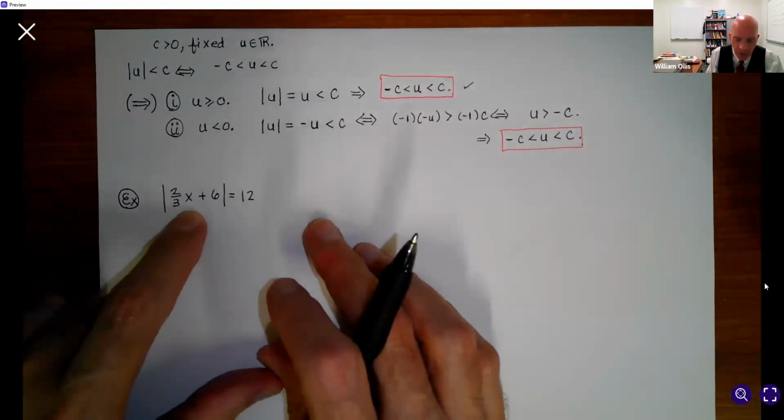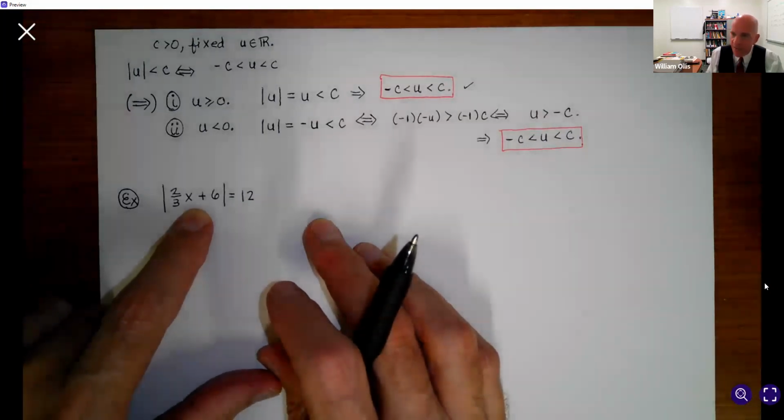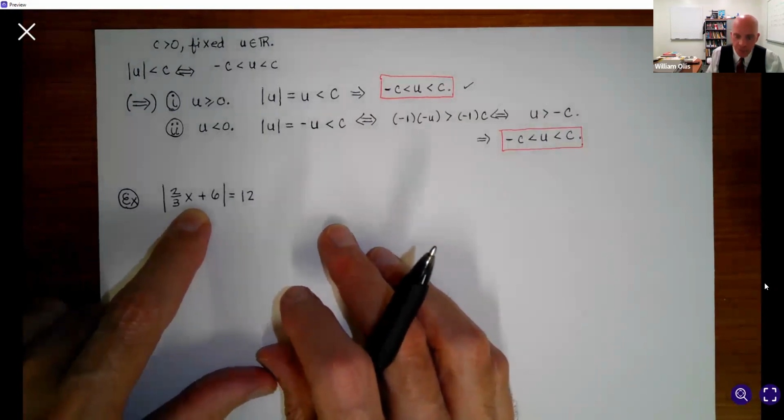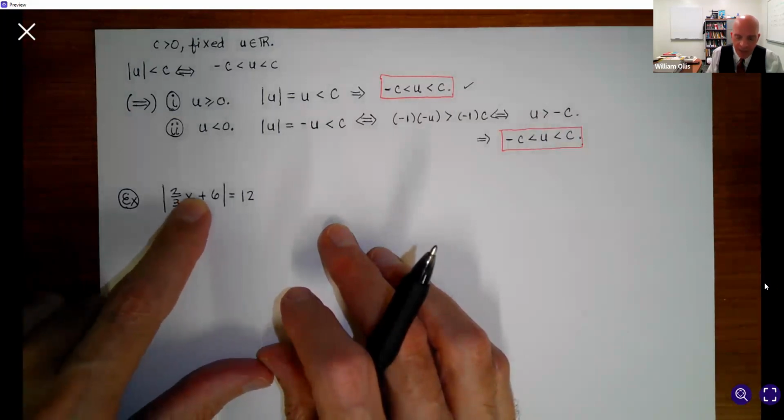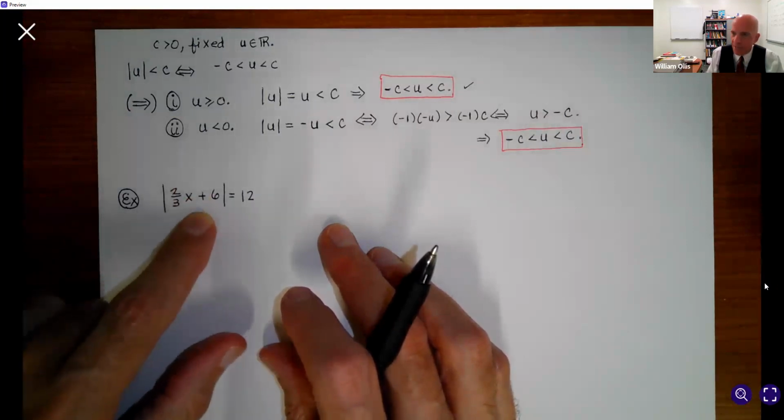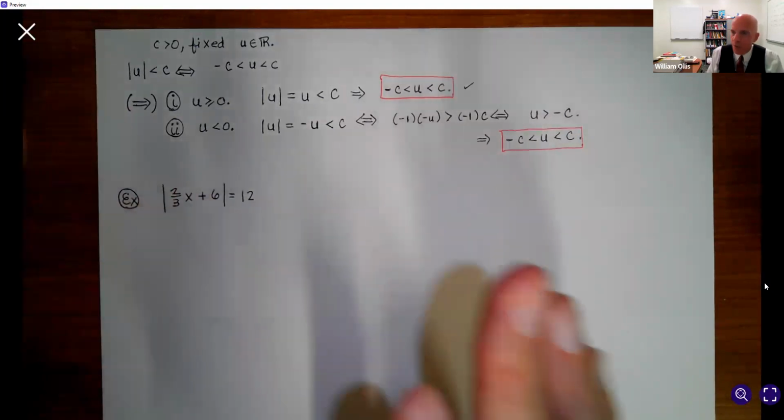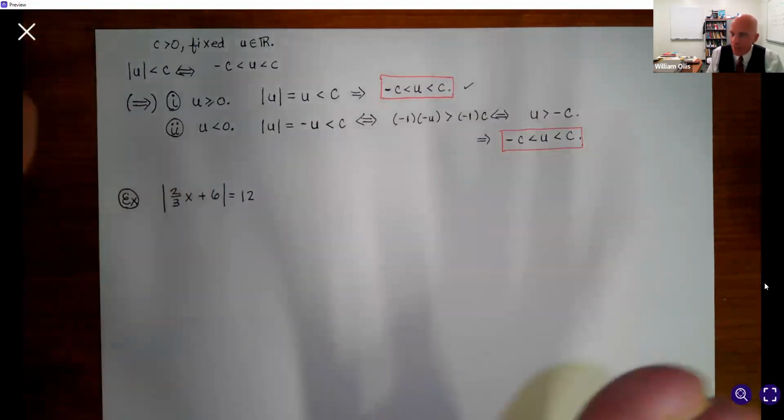But I want to show you how you can factor inside the absolute value and then use the properties, because you don't have to suffer through this. You can treat this just like I'm solving any kind of equation or inequality and do that algebra.